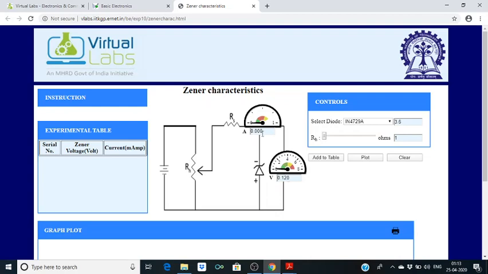Now in this case the current is 0 and the voltage across the Zener diode is less than the breakdown voltage, that's why there is no current. So add to table, then we will increase it gradually.